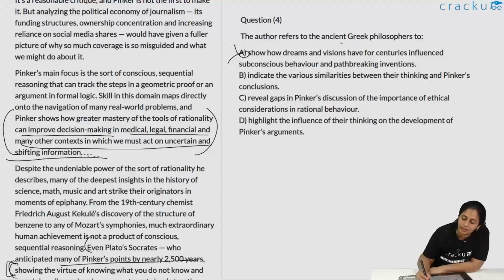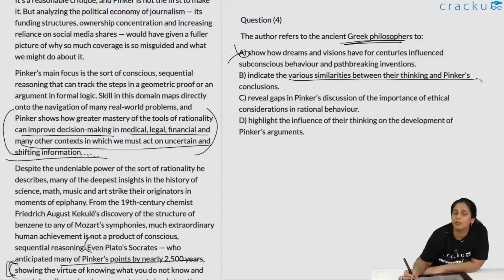The point is basically to show that the Greek philosophers had a more holistic view of what kind of reasoning would help. Indicate the various similarities between their thinking and Pinker's conclusion. While he does highlight the similarities between their thinking and Pinker's, more importantly, he highlights the differences that the Greek philosophers put a lot of emphasis on moral and ethical education, the fact that they recognize the role played by inspiration. So B is also missing that point.